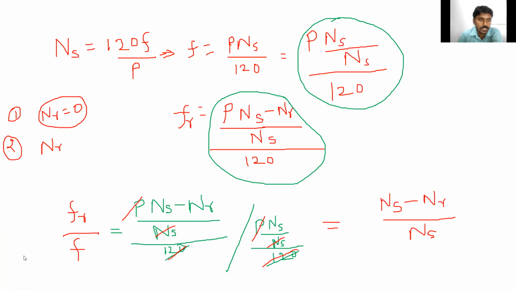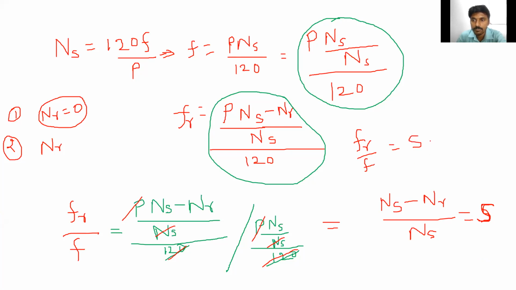So what can we write for (Ns minus Nr) upon by Ns? This is slip, na. (Ns minus Nr) upon by Ns is nothing but slip. Is it right? Yes, sir. So from this equation, fr by f is equal to s.